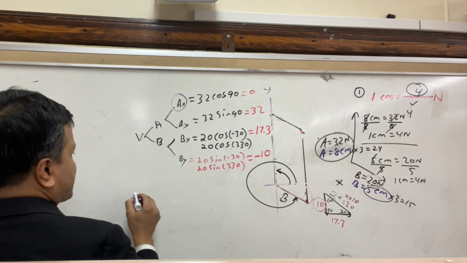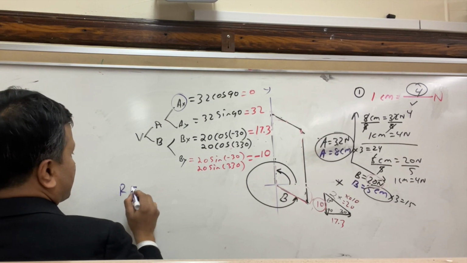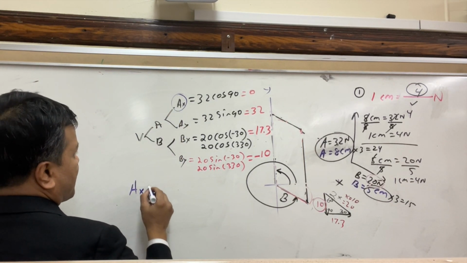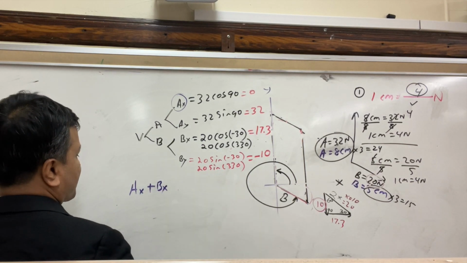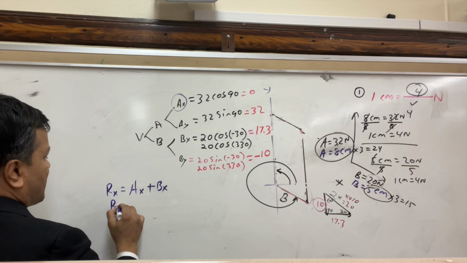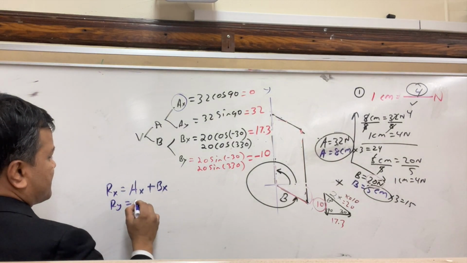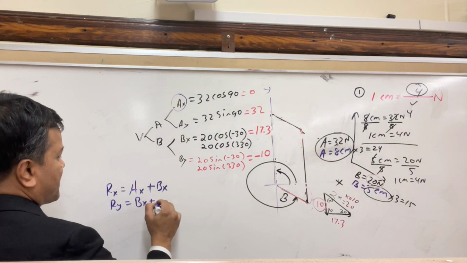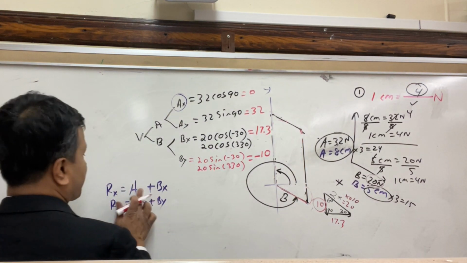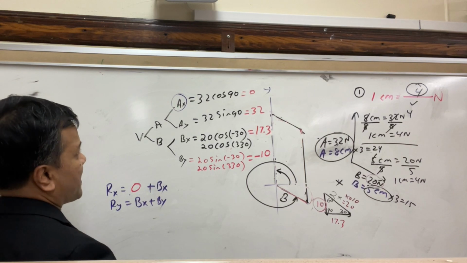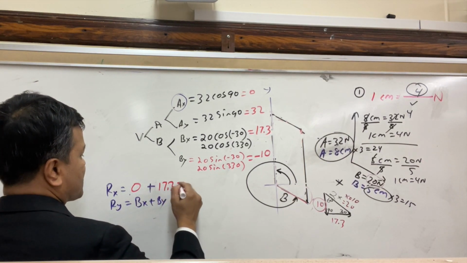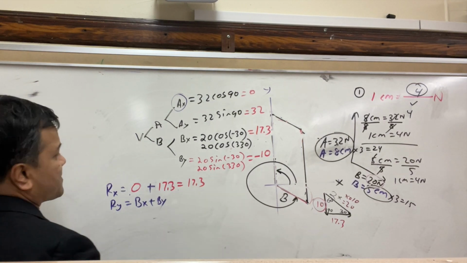The resultant Rx is first add them up, Ax plus Bx. Ry would be Ay plus By. What is your Ax? 0. What is your Bx? 17.3. So Rx is 17.3. What is your By?